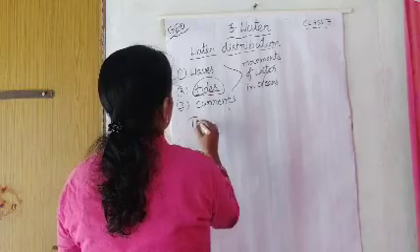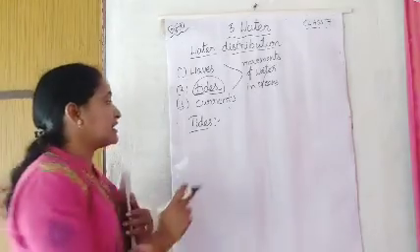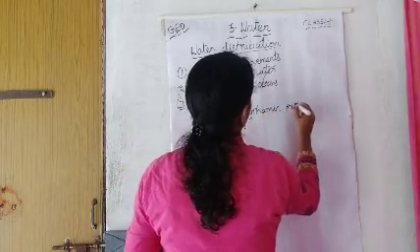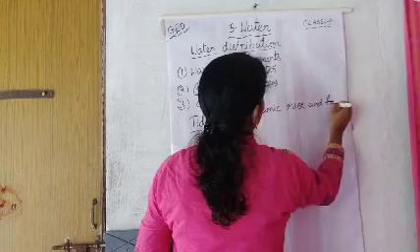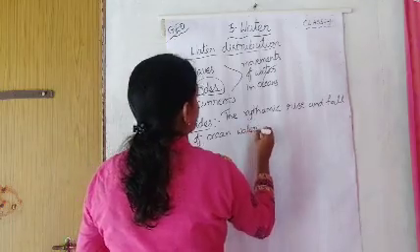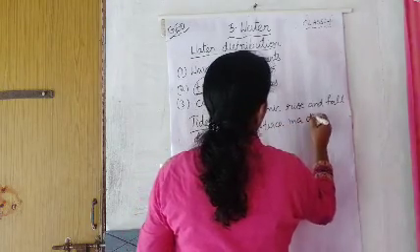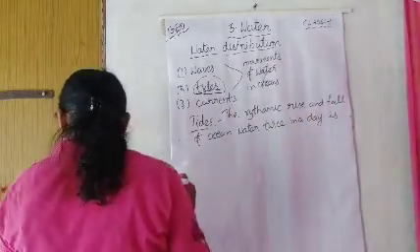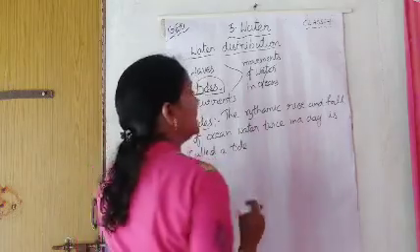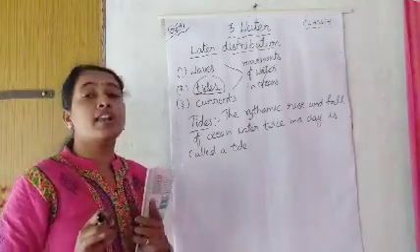What are tides? The rhythmic rise and fall of ocean water twice in a day is called a tide.